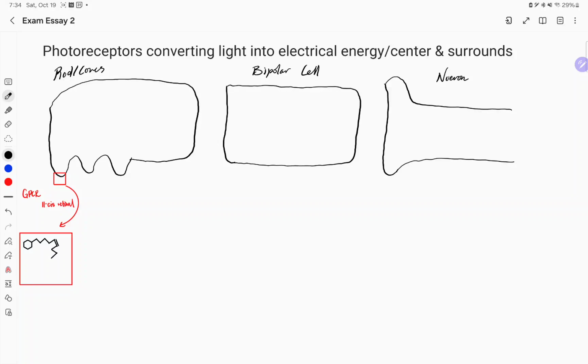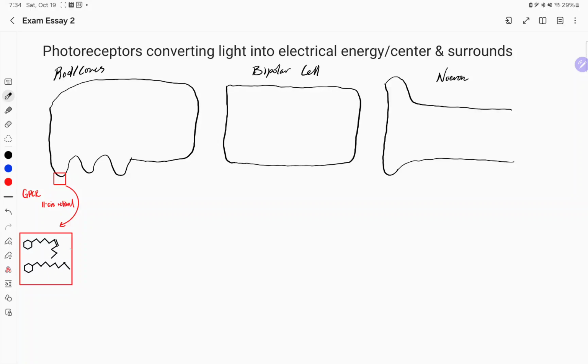So you have a double bond on this 11-cis-retinol. And when light hits this, it's going to cause a conformational change, which will turn it to 11-trans-retinol.